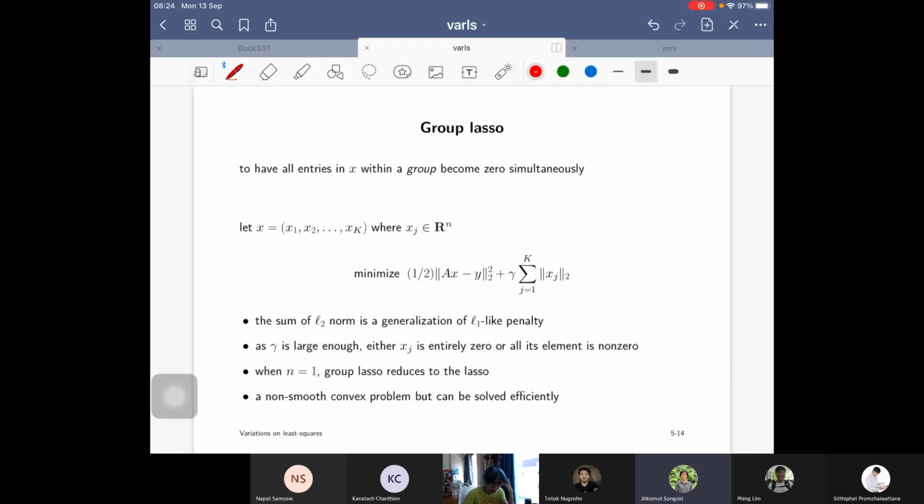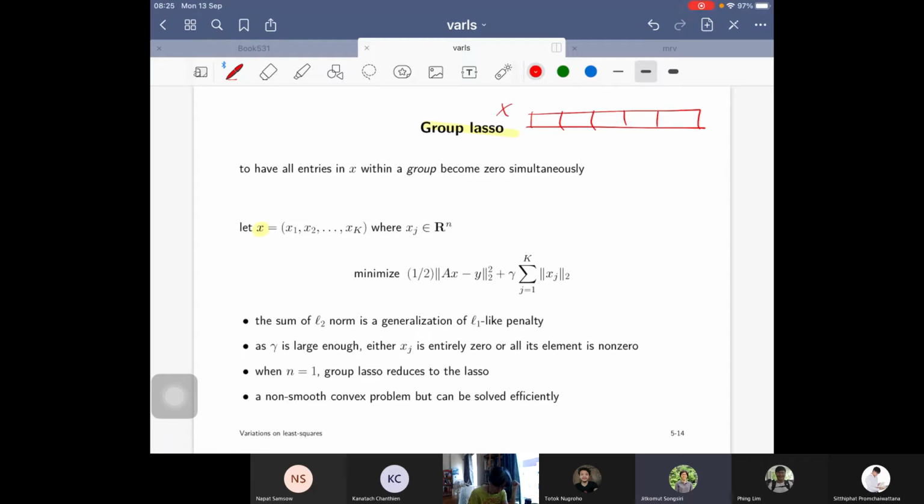Next, the second generalization of the lasso is called the group lasso. In this situation, suppose you have a vector x representing a parameter of your model. Now your vector x, if I draw x like this, is a vector, but you partition x into blocks.